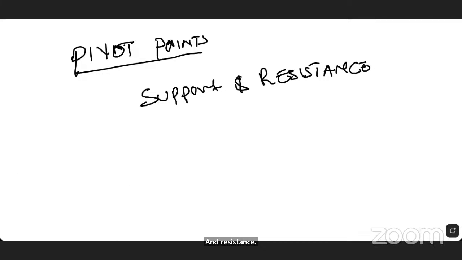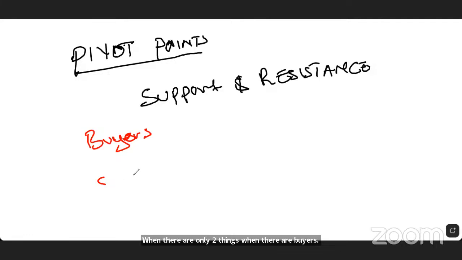And when we are discussing support and resistance as a topic, we said that support and resistance happens in the market when there are only two things: when there are buyers, and when there are sellers.